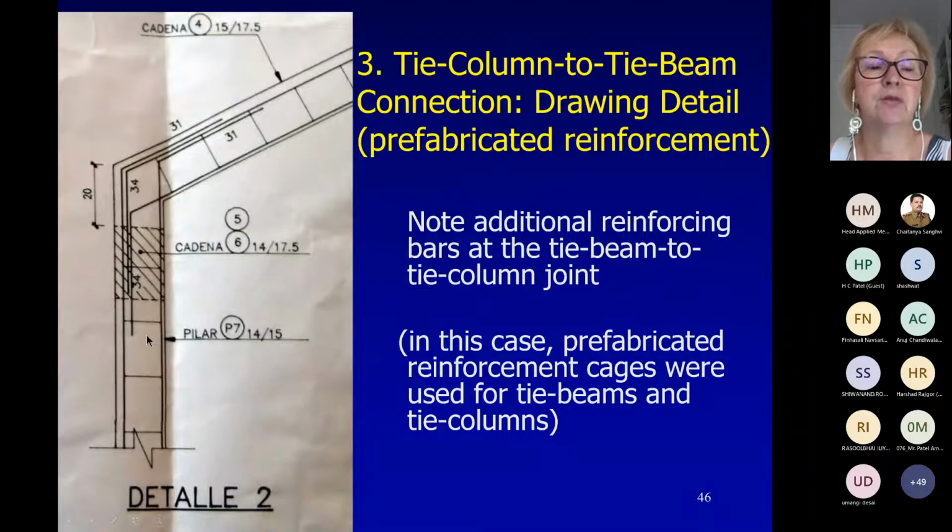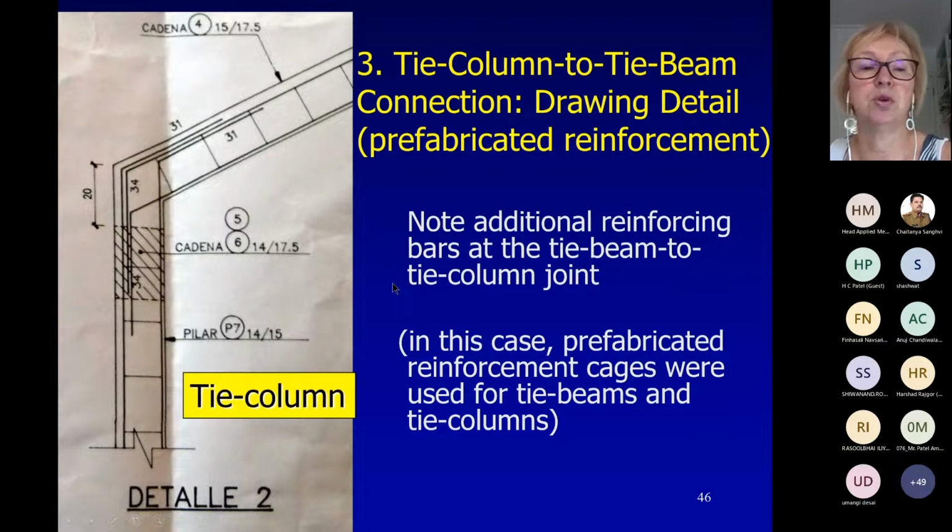And again, this is a tie column to tie beam connection. So this is a tie column, and then there is a sloped tie beam. Again, there is a special detail showing how to continue reinforcement. So there were additional reinforcements. In this case, that is interesting. They used prefabricated cages for both column and beam, but they added bars in this area for continuity.